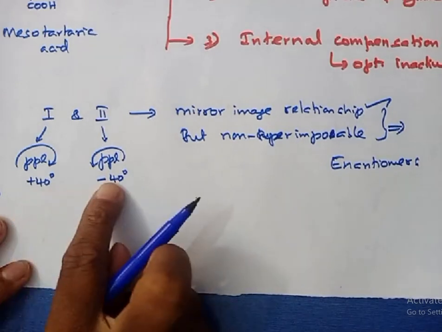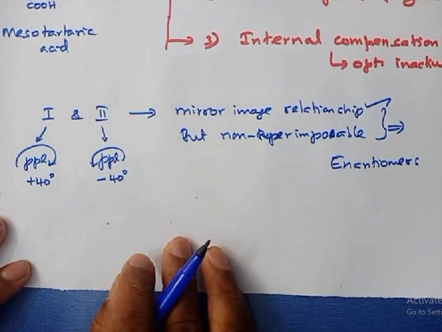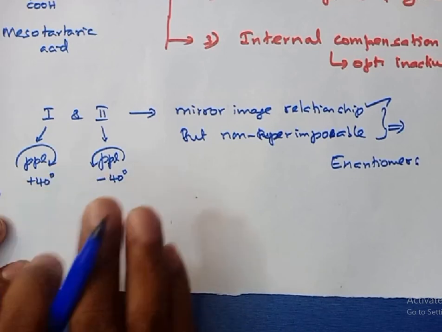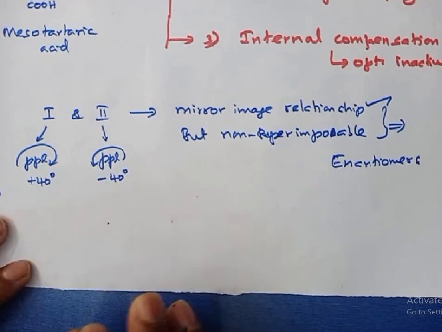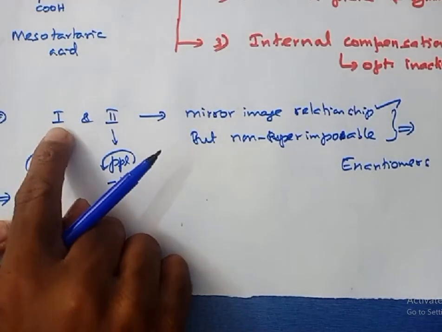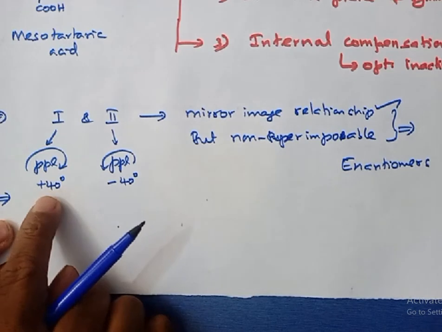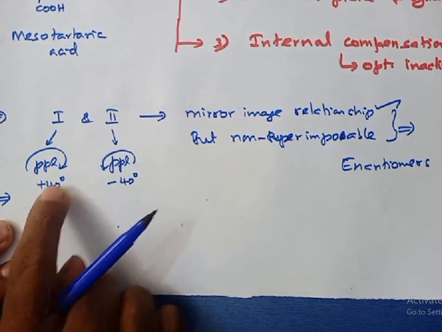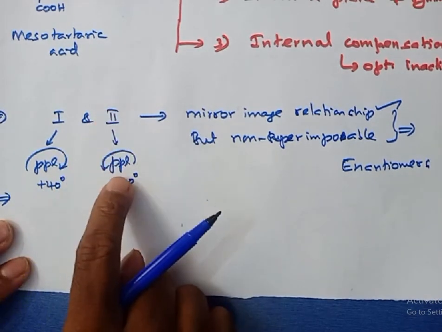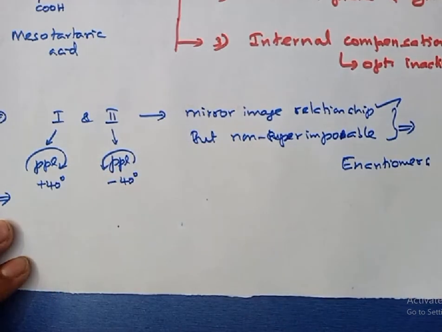I don't know the exact value; I'm just giving it for understanding purposes. Exact values are also there, but I'm giving this to understand the meaning.